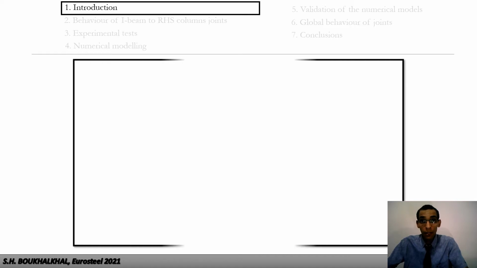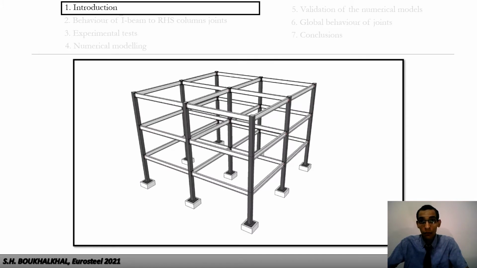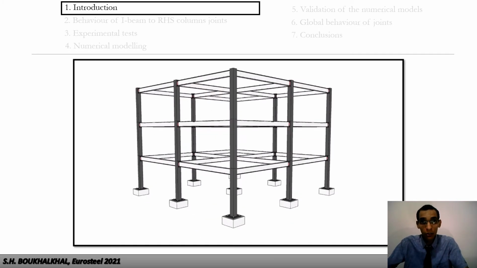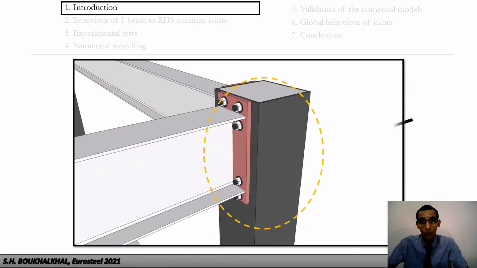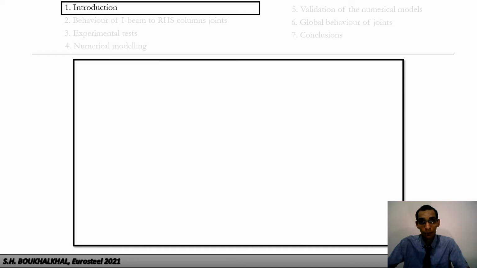The current study aims at developing a 3D numerical model to assess the mechanical behavior of I-beam to CFST column joints with end plate. The moment rotation curves predicted by the finite element models have been compared to experimental tests.